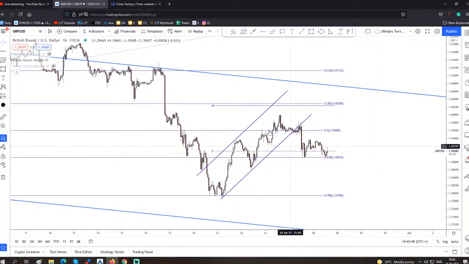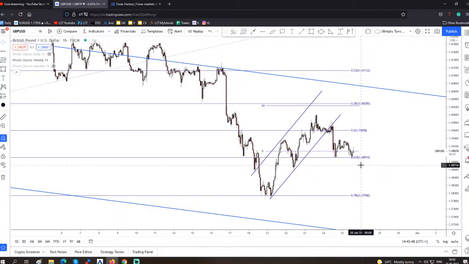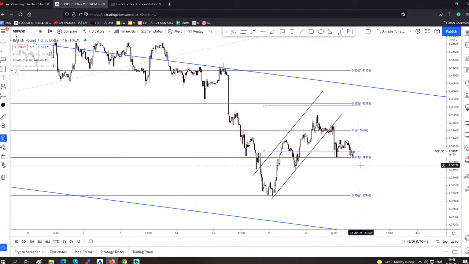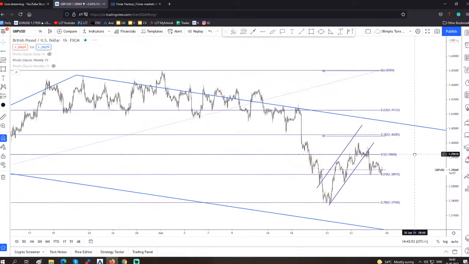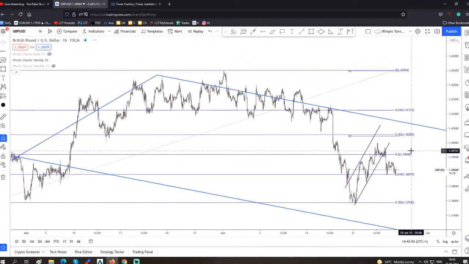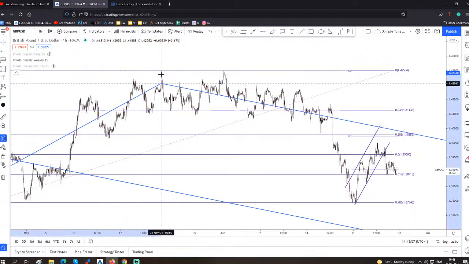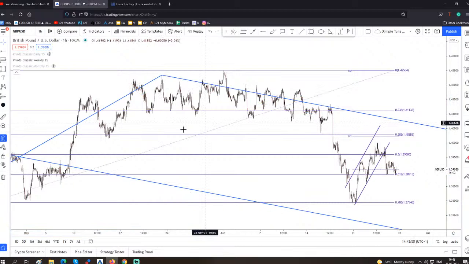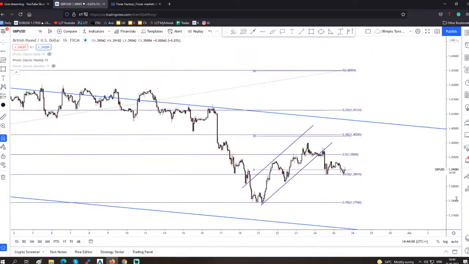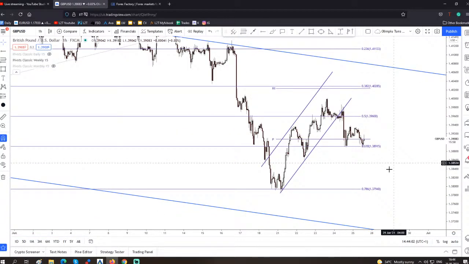We had here a new drop after the BOE, the Bank of England, but I hope that we could maybe have a new opportunity soon here on the British pound versus the US dollar. Let's wait and see. Right now I don't like it. I don't have something really good here.